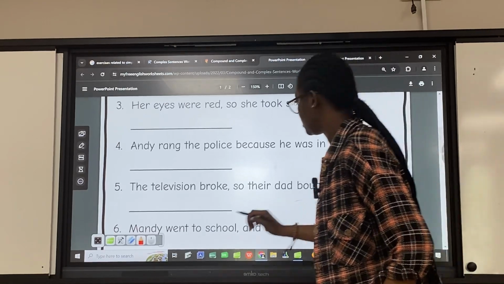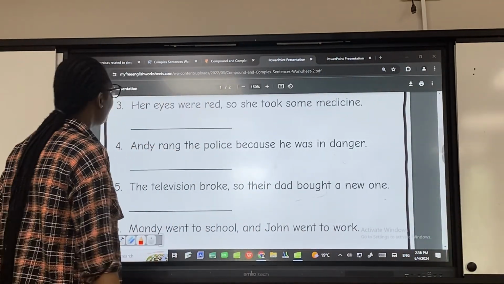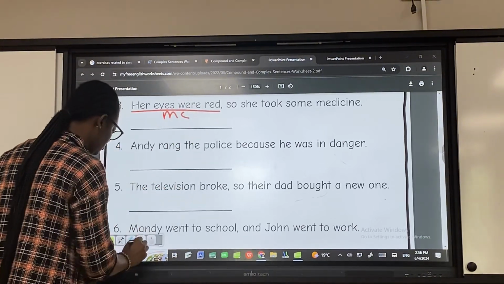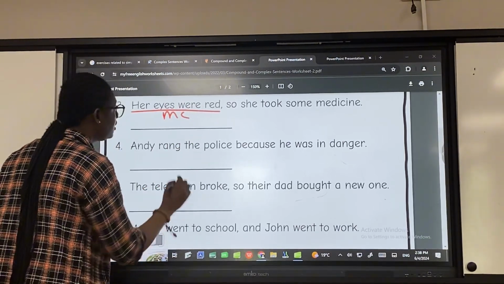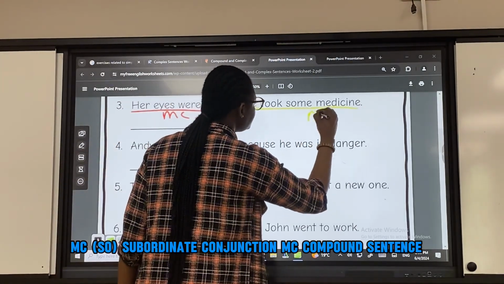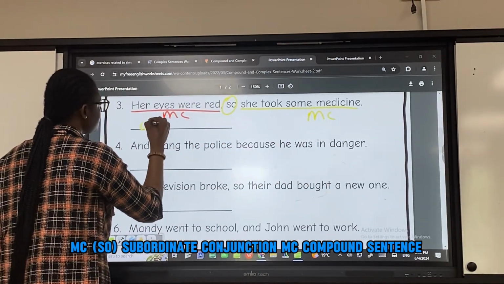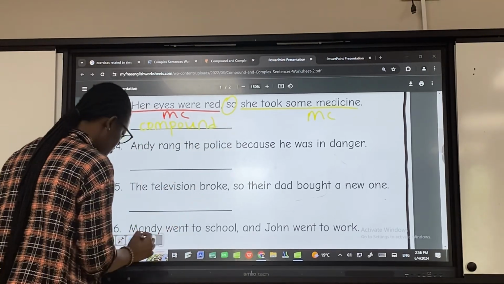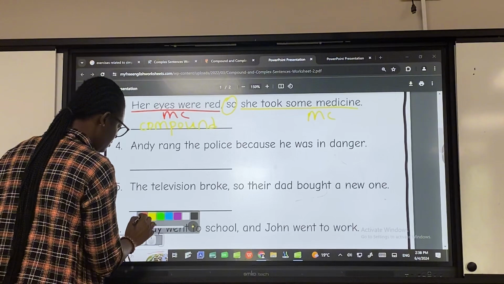This is the last. Her eyes were red. MC. So, subordinating conjunction, MC, compound sentence. Compound. Which is the best?